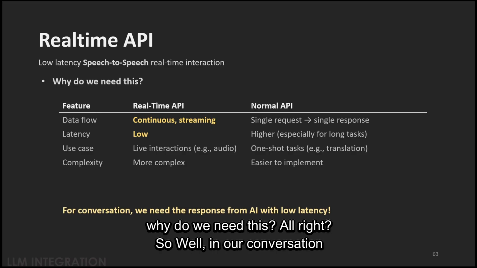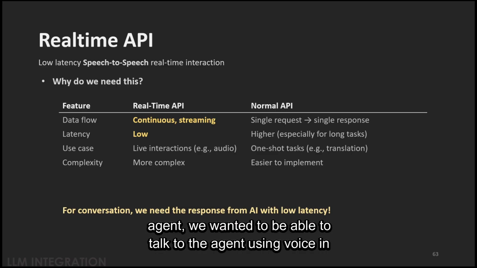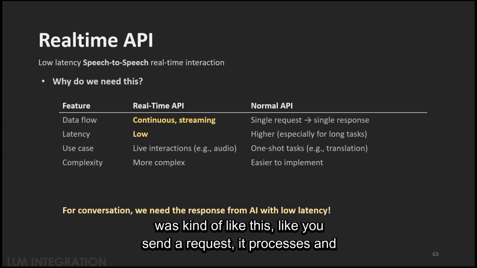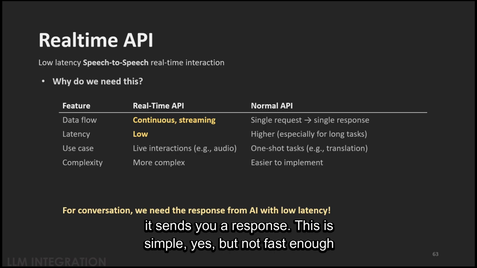Alright, in our conversation agent, we want to be able to talk to the agent using voice in real time. But the standard, regular GPT API works kind of like this: you send a request, it processes, and it sends you a response.